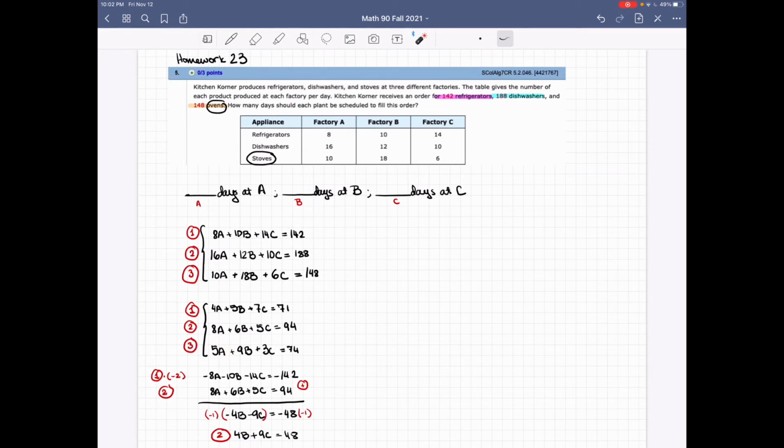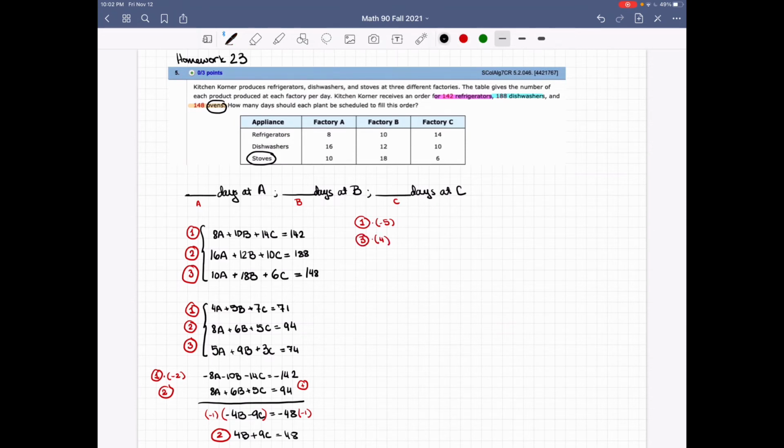I'm going to take the first equation and multiply it by -5, and take the third equation and multiply it by 4, and then add. So I'm taking the first equation times -5 and the third equation times 4.